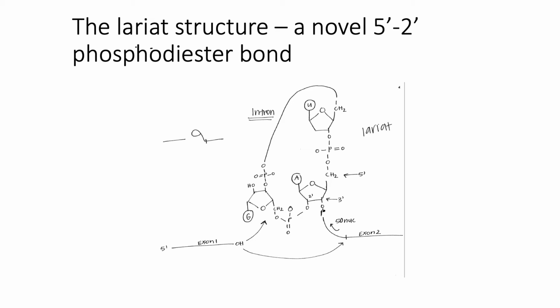And that adenine is actually a strange thing. It has two phosphodiester bonds, one through the 3' hydroxyl to the nucleotide below it, and one through its 2' hydroxyl to that guanine, which now makes the lariat.